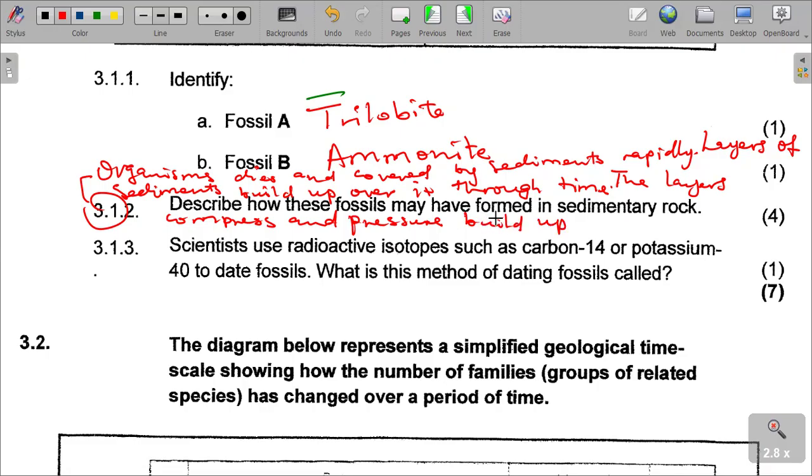Minerals from the rock seep into the bones and harden.